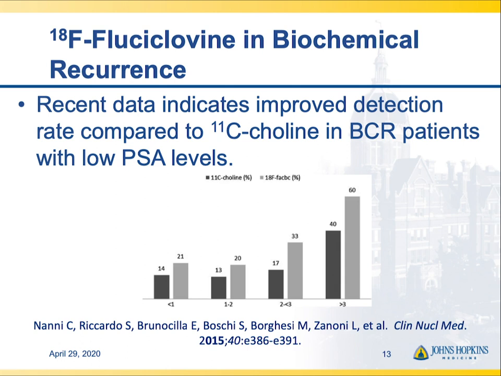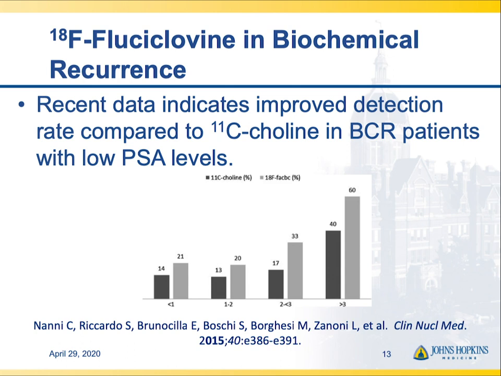I will point out that the group that published this data were using generally less than the FDA-approved amount of C11 choline to generate this data. So they may have lost a little bit of sensitivity by using lower injected quantities. Nonetheless, it does appear, again, that Axumin is superior in terms of detection efficiency relative to C11 choline.